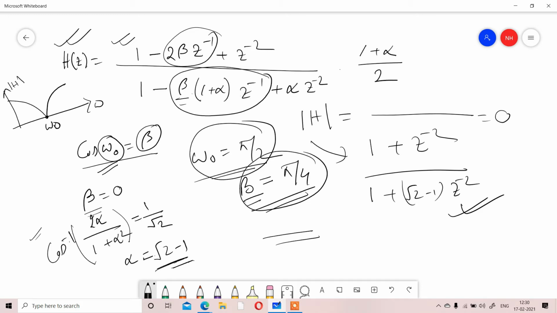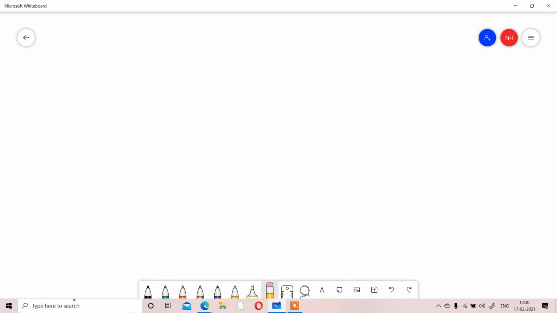Okay, then so basically what we are getting, we are considering a transfer function.